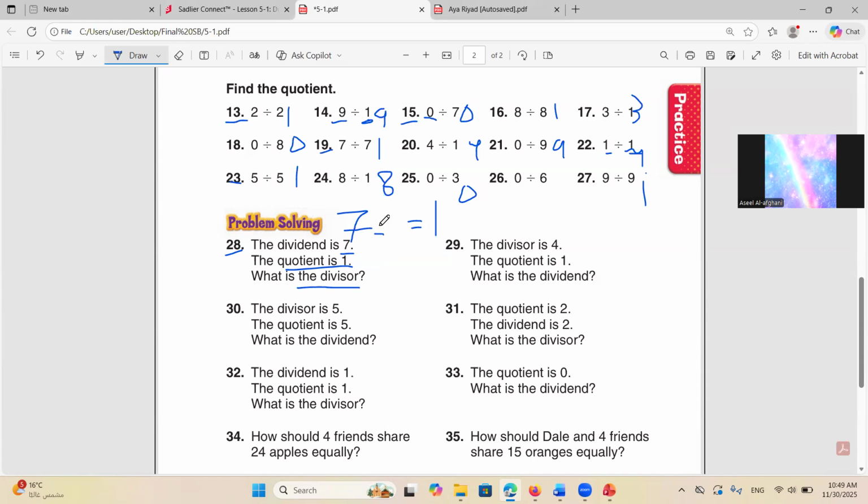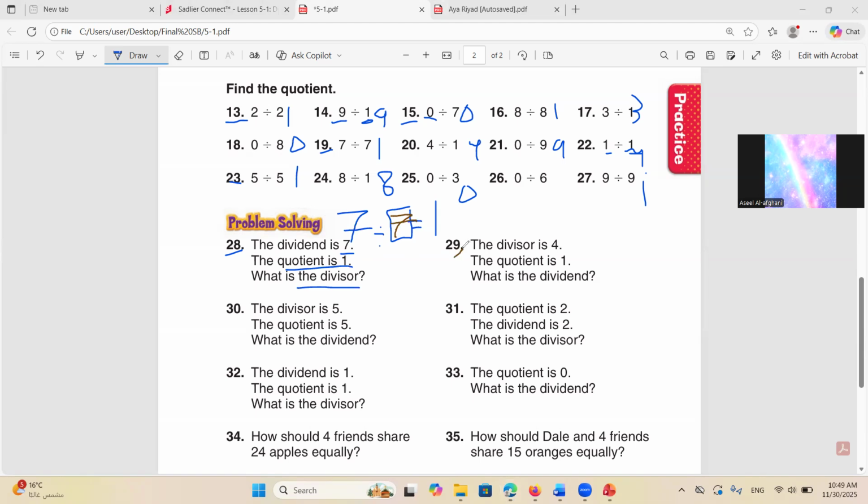We don't know the number on the right side of this division sentence. 7 divided by what gives 1? But teacher, I remember one of the division rules says that any number divided by itself is 1. So of course the divisor is going to be special 1. Good job. Yes. So the answer is 7.